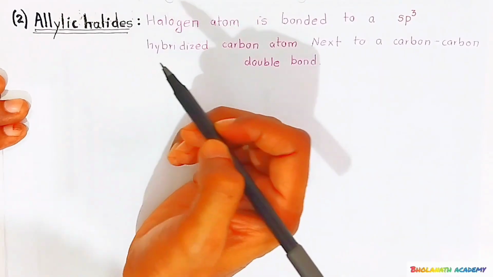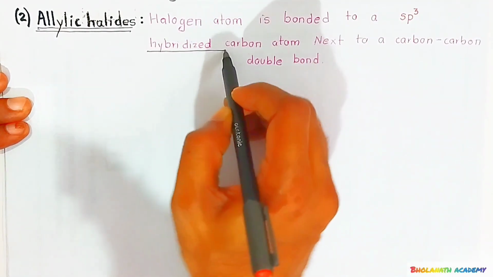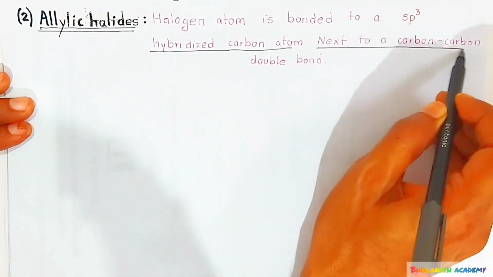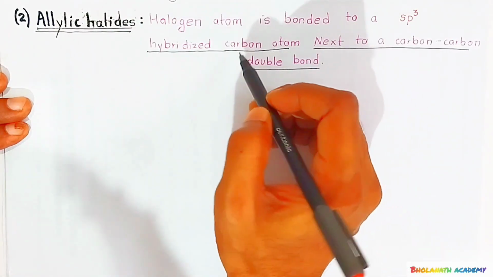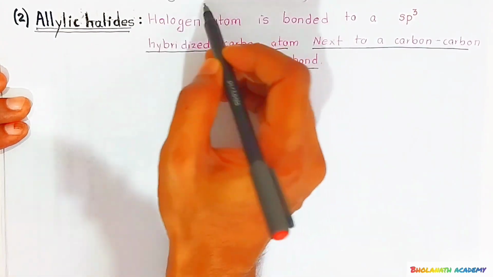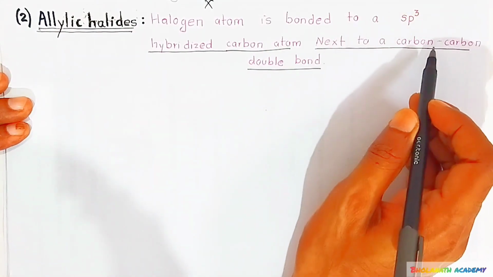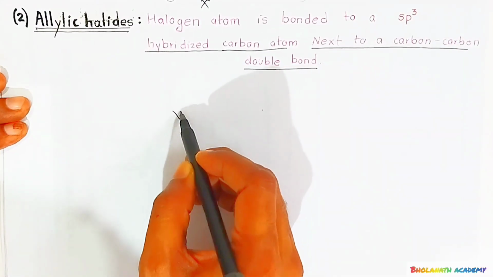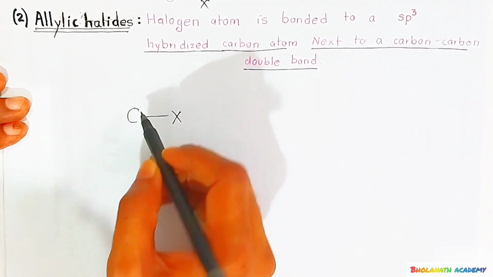Allyl halide. The halogen atom is bonded to an sp3 hybridized carbon next to a carbon-carbon double bond. The halogen derivative is called an allylic halide. When the halogen atom, that is X, is bonded to an sp3 hybridized carbon next to a carbon-carbon double bond, what does next mean? Here, students, is the carbon-carbon double bond. So this carbon is what? An sp3 hybridized carbon. This carbon has all single bonds, so this carbon will be an sp3 hybridized carbon next to the carbon-carbon double bond.